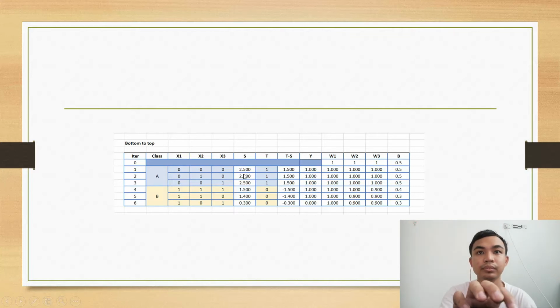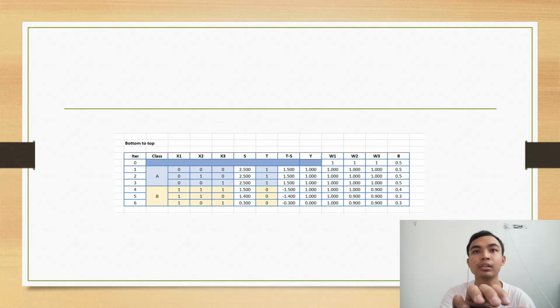For this, x1 times w1 plus x2 times w2, x3 times w3 plus 0.5. So the summation we get is 2.5, and then 1 minus 2.5 we get negative 1.5, and the value y is 1.